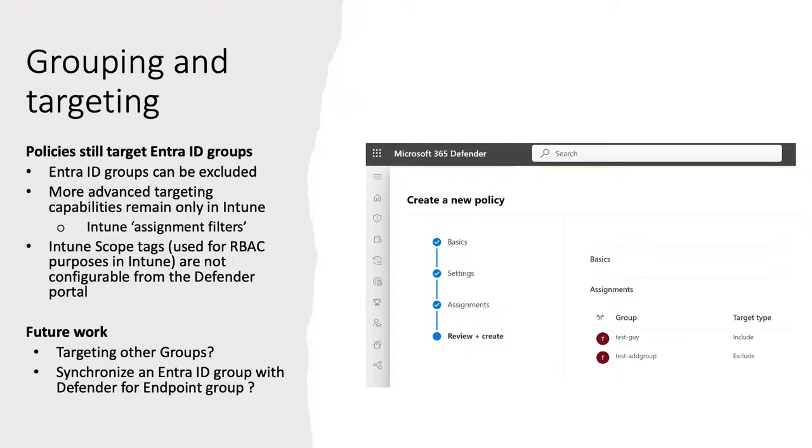Until we reach that vision, what we're doing now is, when an admin creates a policy, they have the same capabilities as those that they have in Intune, but there are some small limitations.